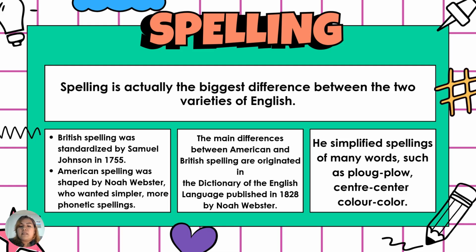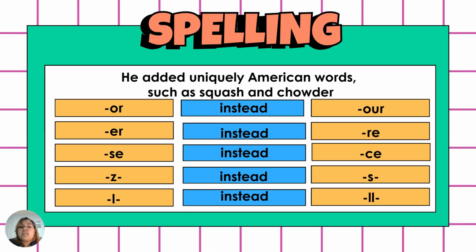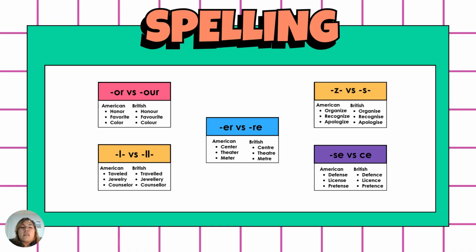He simplified the spelling of many words, such as color and center. For instance, or versus our: American honor, British honour, American favorite, British favourite, American color, British colour.